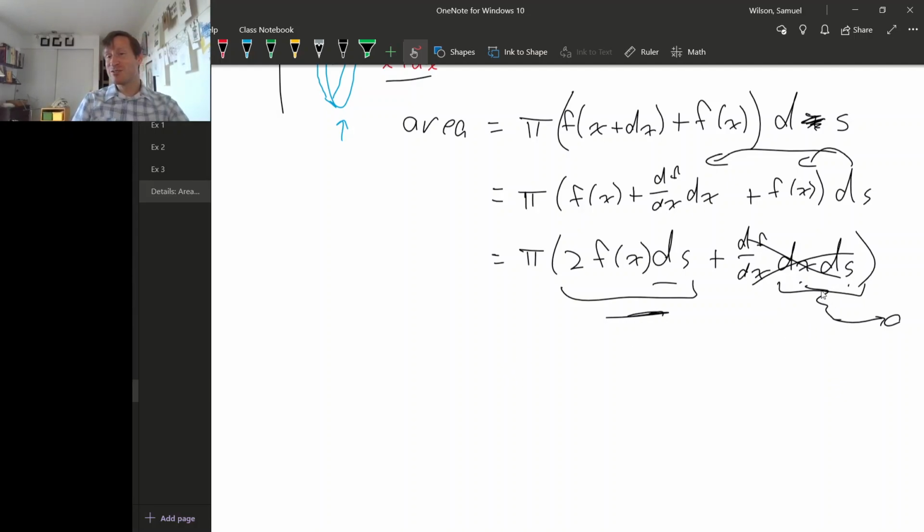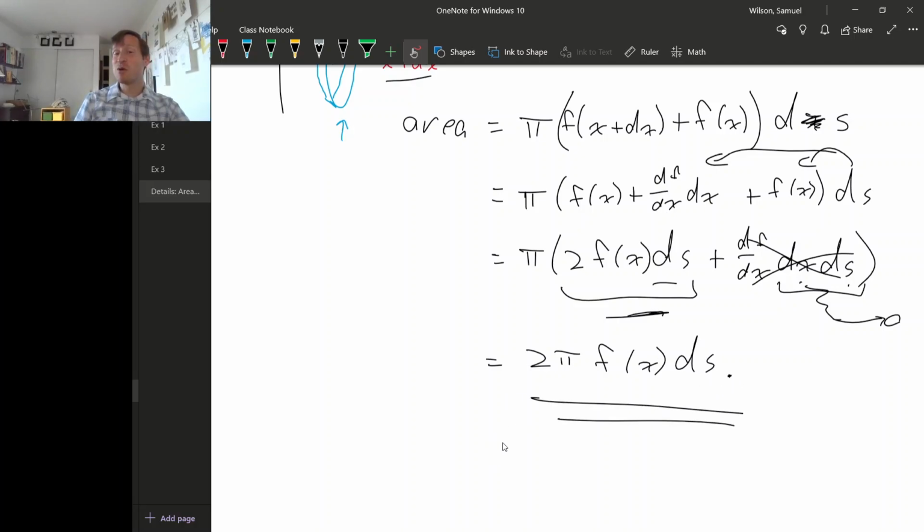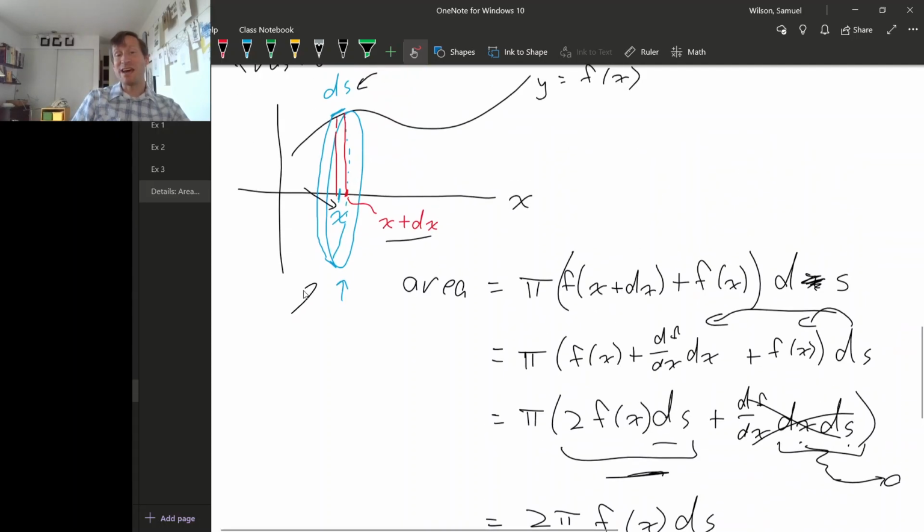But since this part is sort of doubly infinitely small, we can neglect it, we get 2 pi times f of x times ds. And that's exactly the formula for the area of one of these bands that we guessed when we developed our surface area of rotation integral. So this formula that we guessed really is right, even though it took a lot of work to see it.